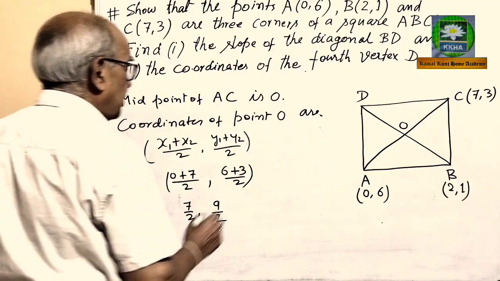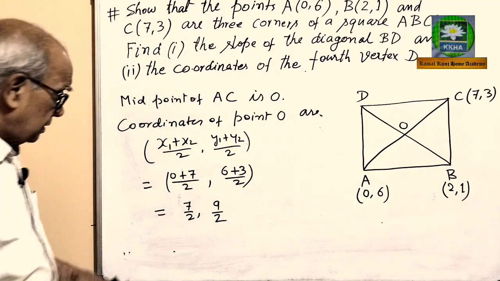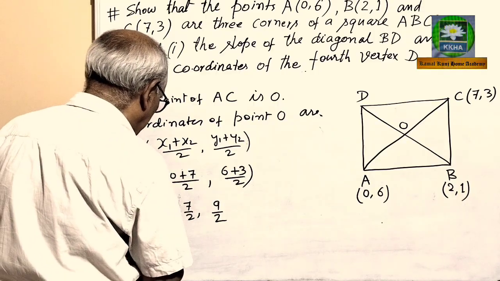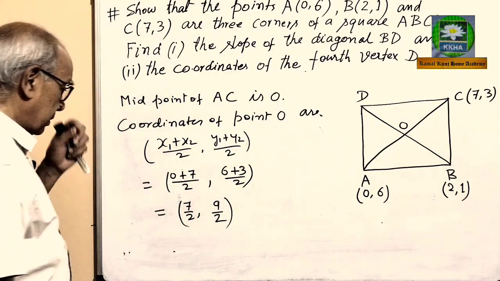So coordinates of midpoint of AC are 7 upon 2 and 9 upon 2.